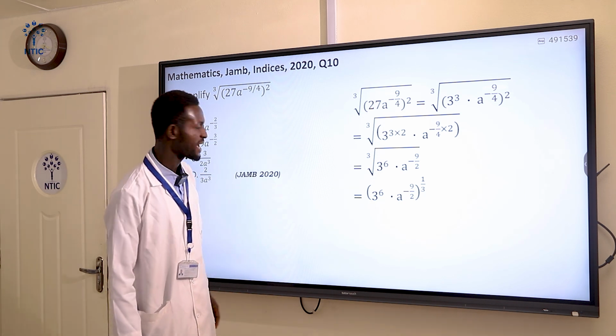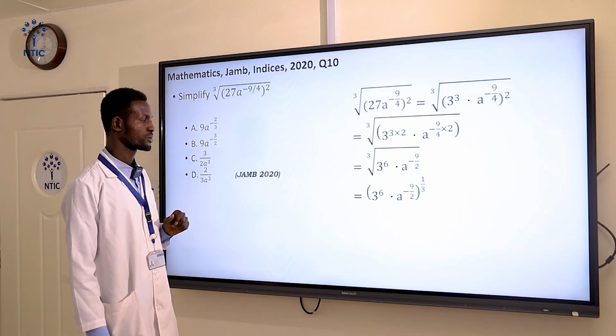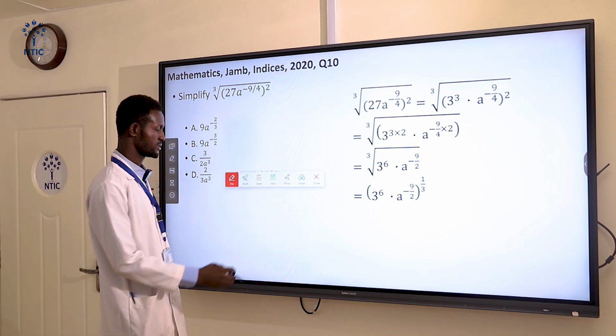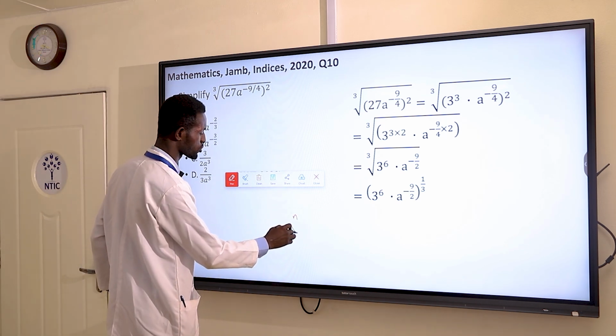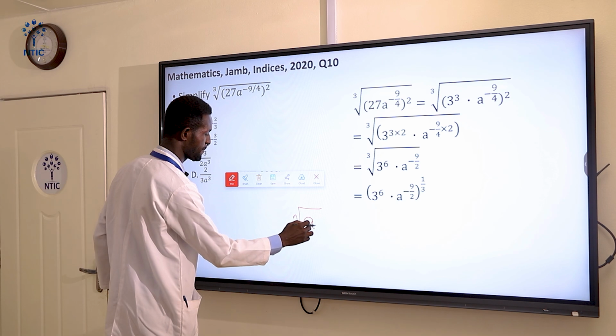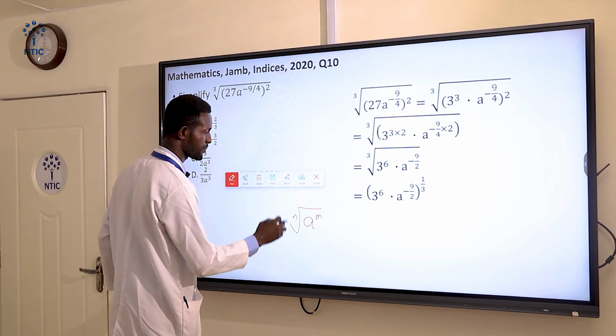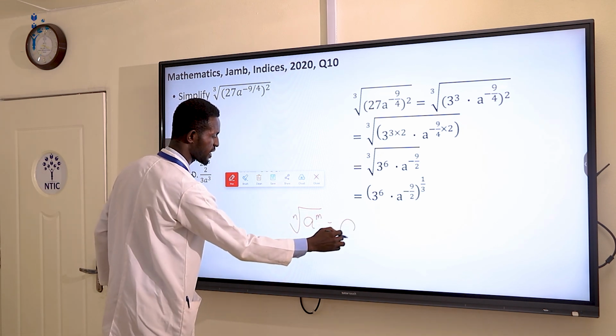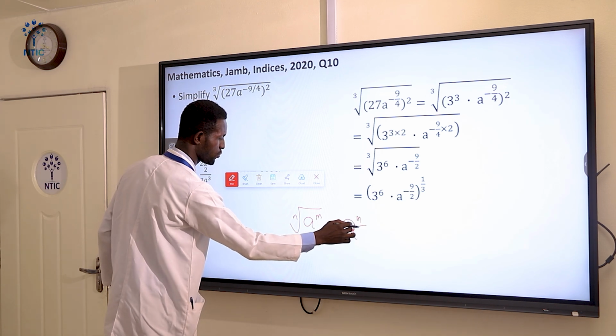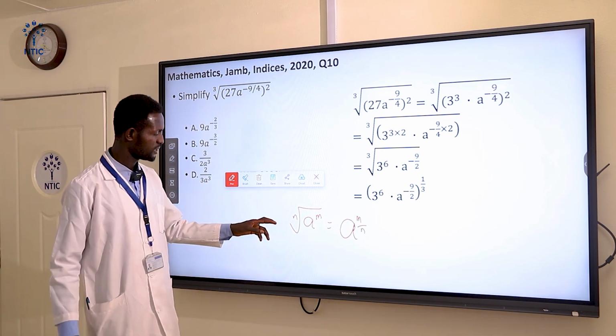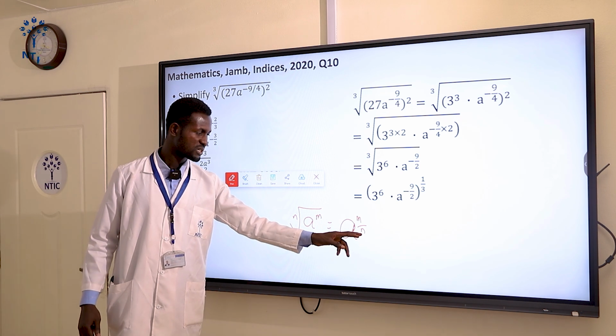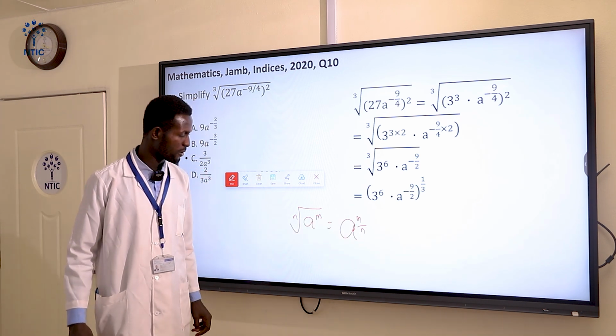Then we also apply another basic law of indices that says the nth root of a raised to power m is equal to a raised to power m over n. You can see the root is now the denominator of the power.